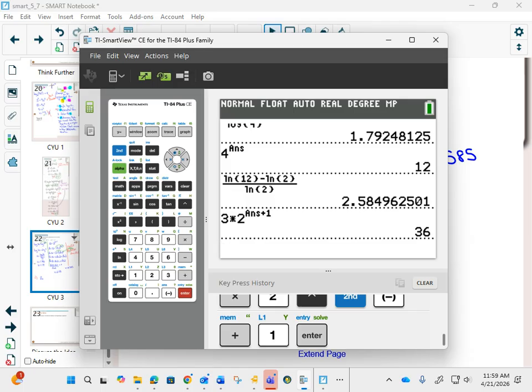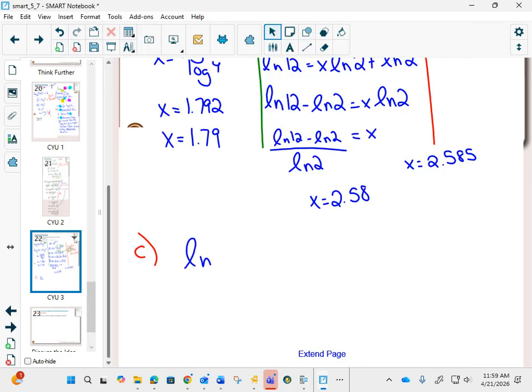So why are you switching between log and natural log? Because when you take the log of both sides, you can take the log of both sides with any base you want. On your calculator, every calculator has the log button. Every calculator has the ln, the natural log button. So you're allowed to do both, and they work exactly the same.